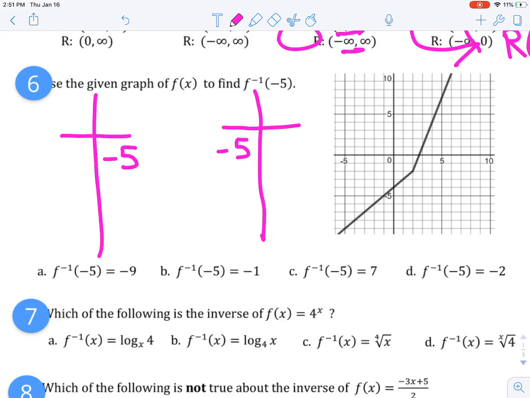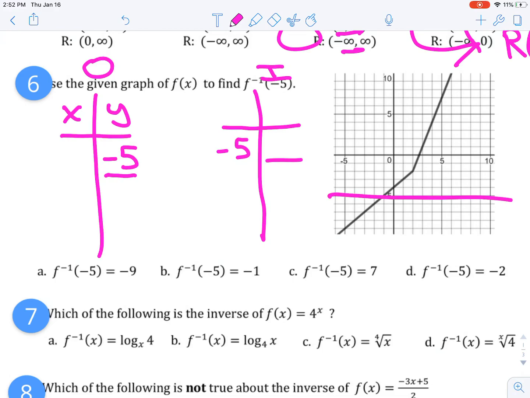So here's the inverse, and here's the, just call it O for the original. So when I plug -5 into the inverse, I would get something, right? And then a -5 would be over here in the one that we have graphed. So now I'm thinking about where is the graph at -5 for y?